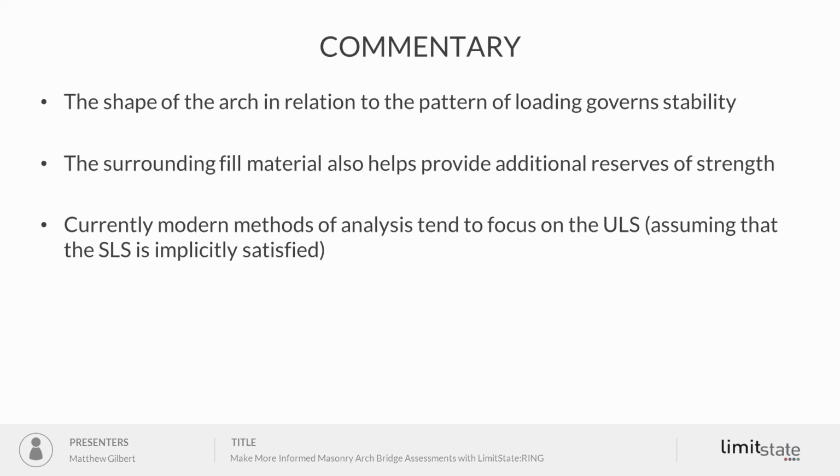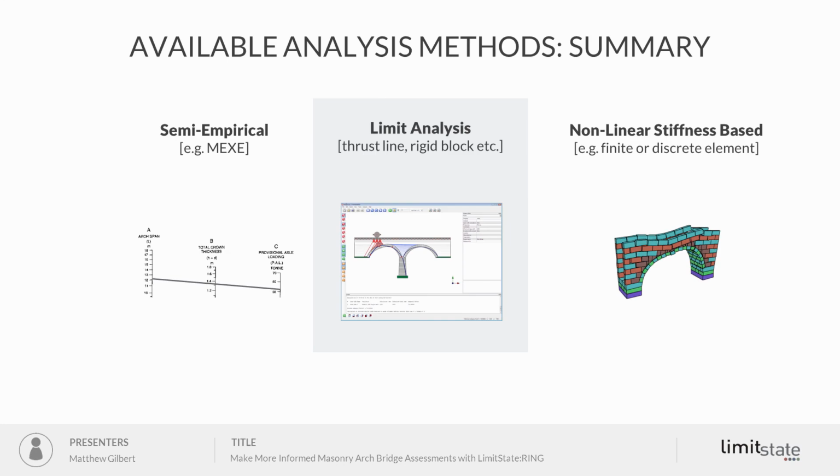So just to summarize methods that are available for masonry arch bridges. The hand calculation, probably the most common example of that is the so-called MEXE method, developed in the Second World War as a quick way of allowing the army to check the capacity of bridges under the action of military loading.